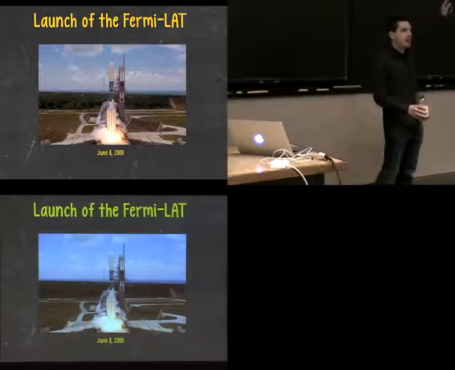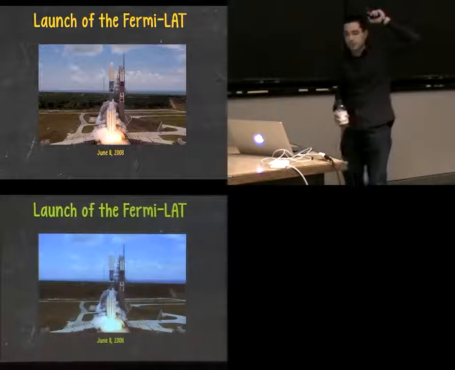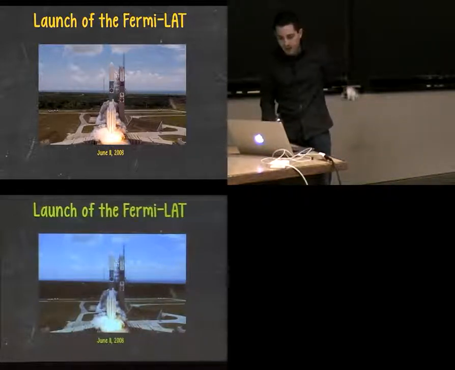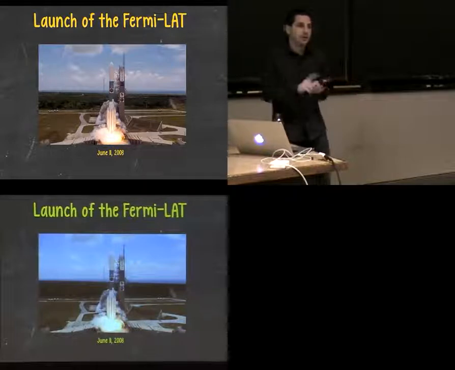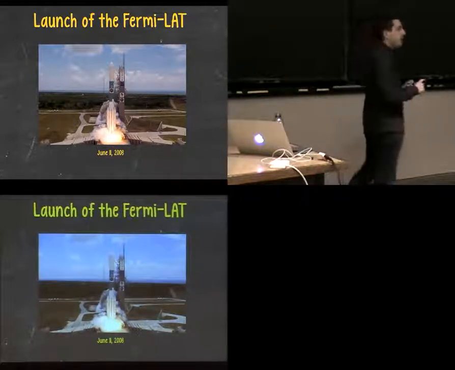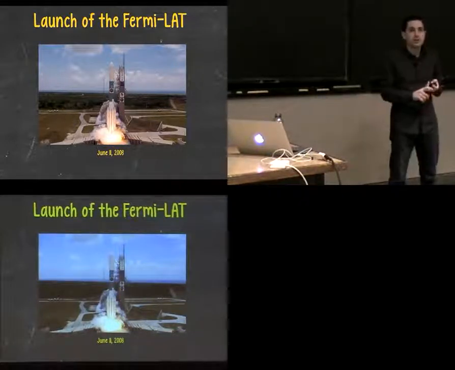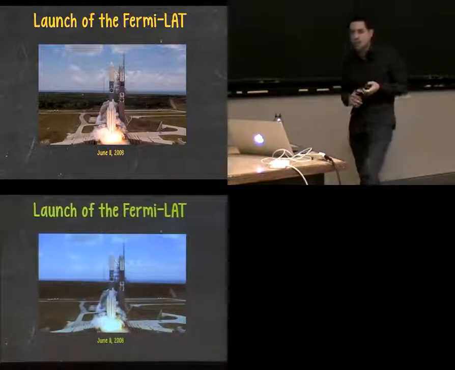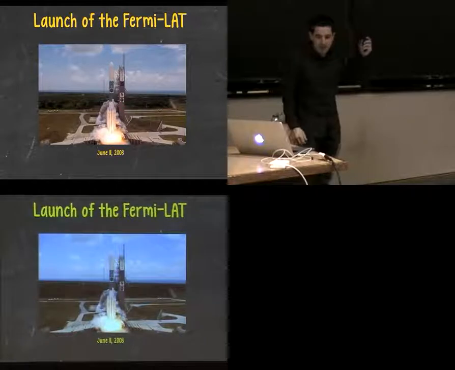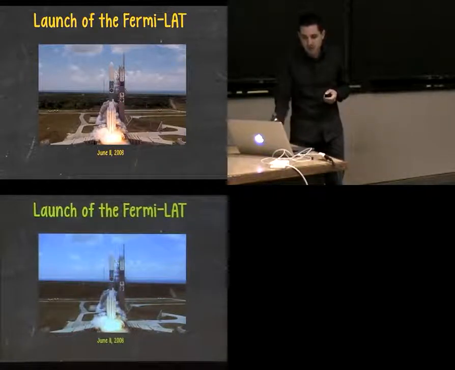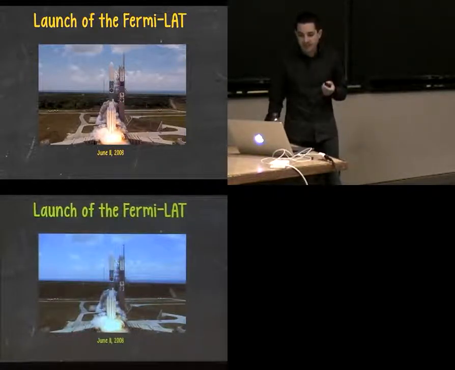A couple weeks ago I was at the Fermi meeting, which was in Japan this year. It's part of an international collaboration. NASA launched the telescope, but there are major players: Japan, Italy, Sweden, and France. The telescope's been operating great for more than 6 years now, taking data.